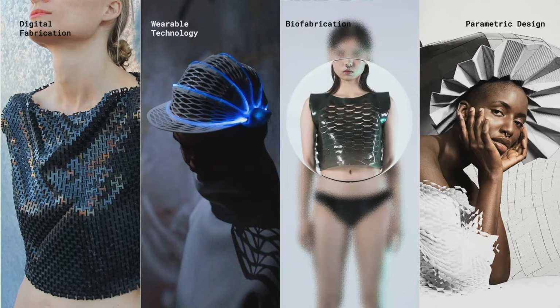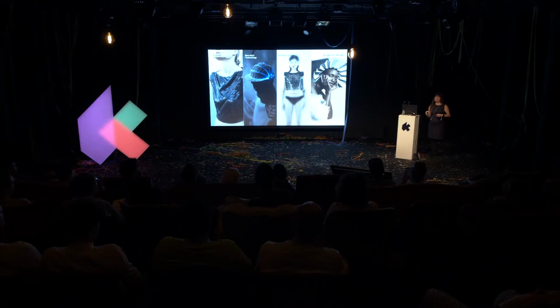Then wearable technology, augmenting our bodies, our senses through electronics. Then biofabrication, working in circular design and sustainability. And then parametric design, where we do not think about designing products anymore, but we think about designing systems that can generate different products.